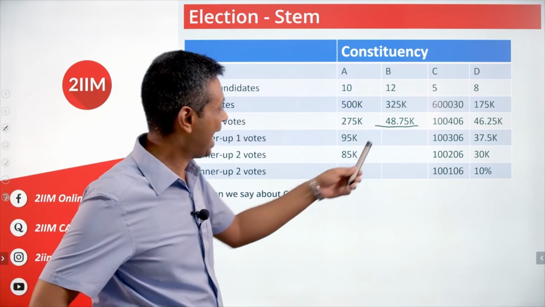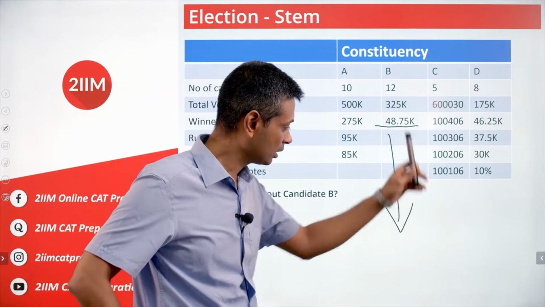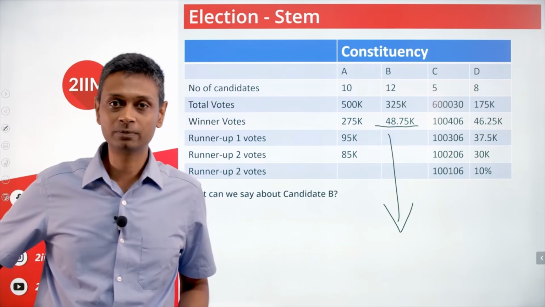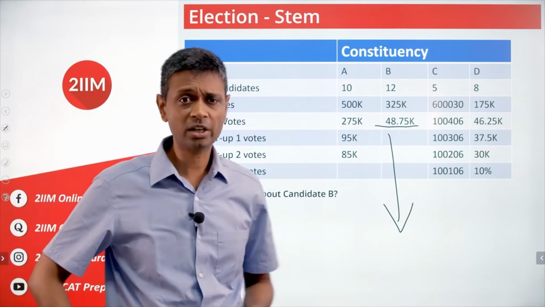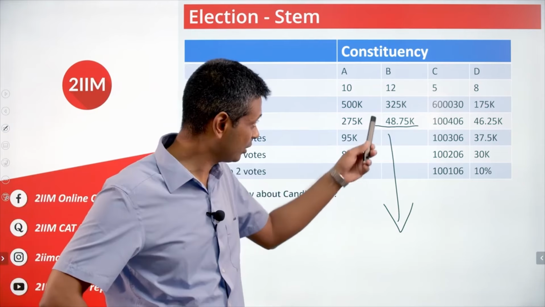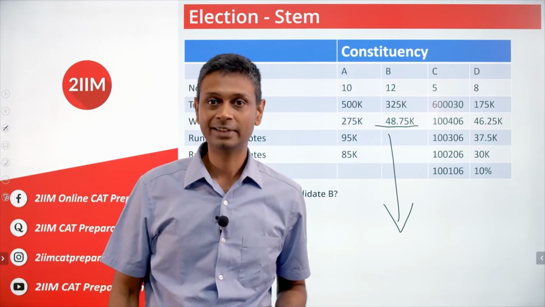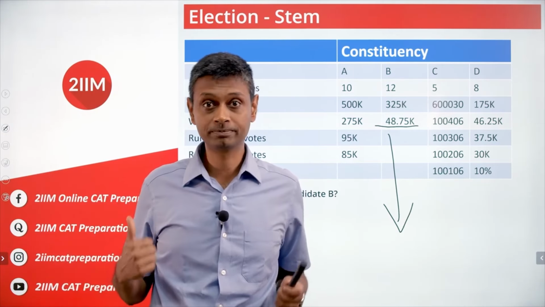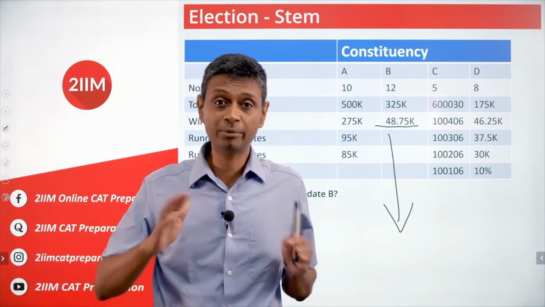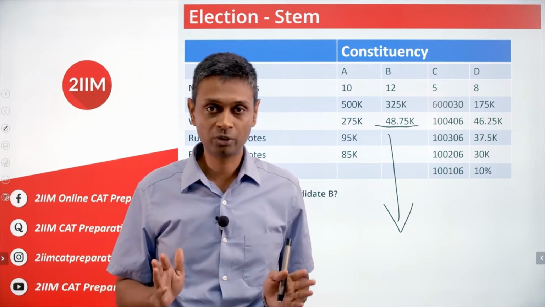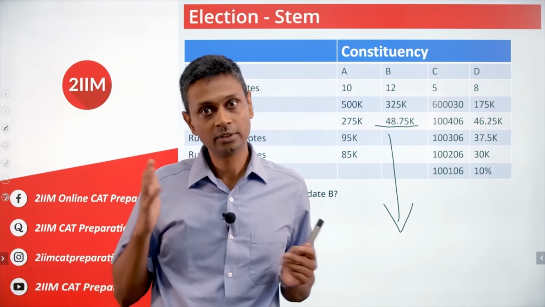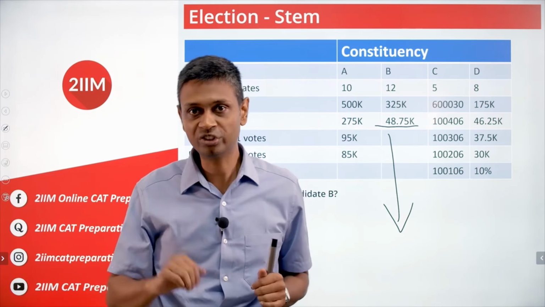That means everybody below him has lost their security deposit. Everybody below has got less than 1/6. The guy who won can't lose his security deposit. He's won. The guy who wins can get any number of votes and he'll still have his deposit. There are 10,000 guys contesting and there are 11,000 seats.